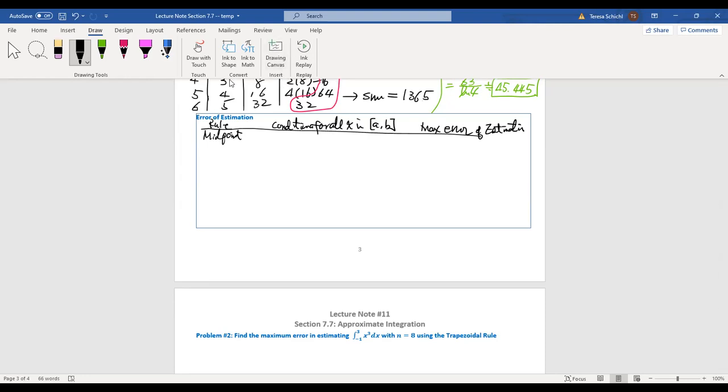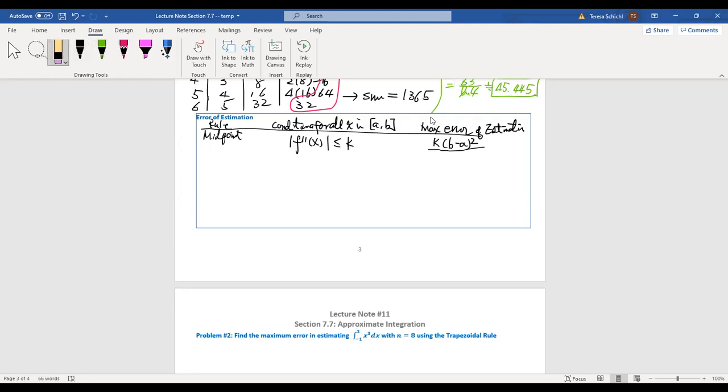If you use the midpoint method to estimate, and we can find some value k such that the absolute value of f double prime of x is less than or equal to k, then the maximum error will be k times (b minus a) to the cube, over 24 times n squared.